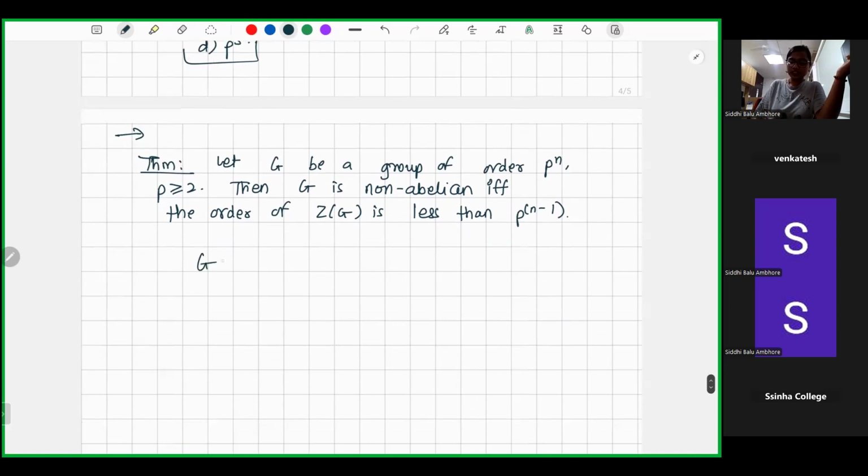Then they say that G is non-abelian if and only if the order of Z(G) is less than P power n minus 1.